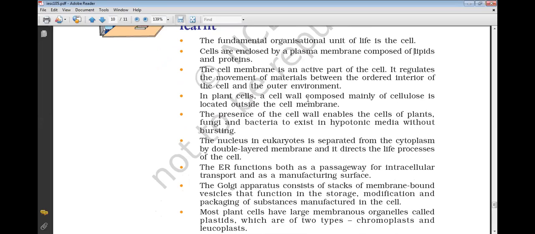In plant cells, there is a cell wall mainly of cellulose, and it is found only outside the plant cell. Animal cells don't have it. The presence of the cell wall enables the cells of plants, fungi, and bacteria to exist in hypotonic media. I think you know there were three media we studied: hypotonic, isotonic, and hypertonic.